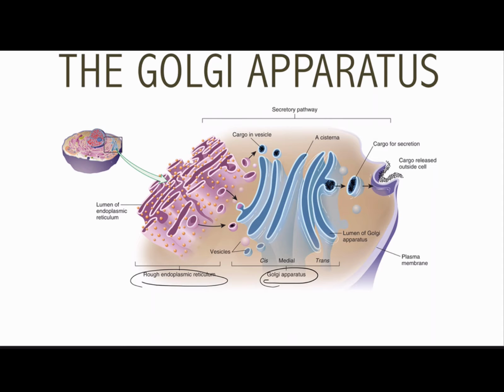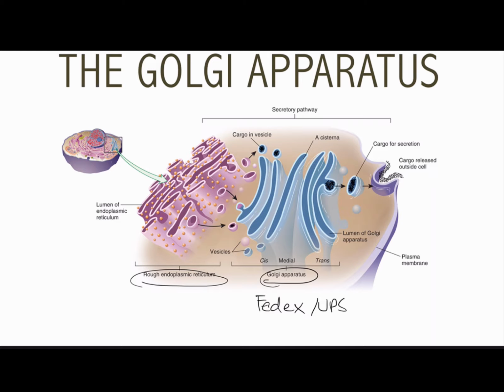So the Golgi apparatus is kind of like FedEx or UPS, if you don't like FedEx and you think about UPS. What I mean by that is that the Golgi will take material from the endoplasmic reticulum and send that material to other places in the cell, or maybe even outside the cell.